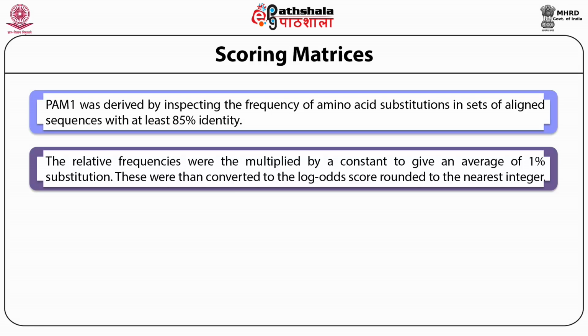But wait a minute, the problem is this, that in order to construct the perfect alignment, I need to know the probabilities of substitutions. And I want to calculate my probability of substitution from a perfect alignment. So I have a chicken and egg problem, how to do it. What Dayhoff did is that she took a set of sequences which were more than 85% identical.